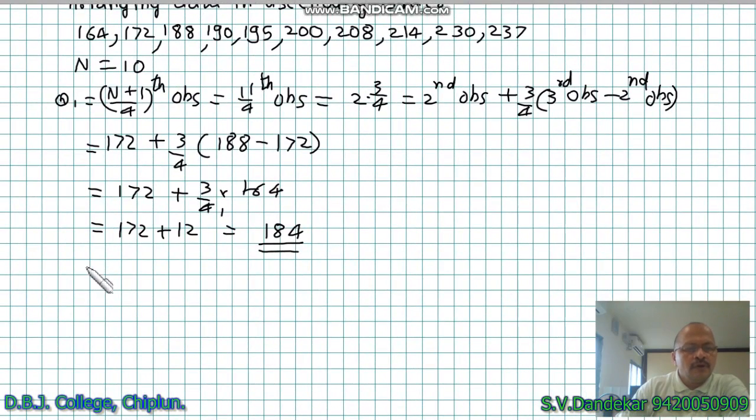Now we want Q3. Q3 is equal to 3 times (n plus 1) by 4th observation.